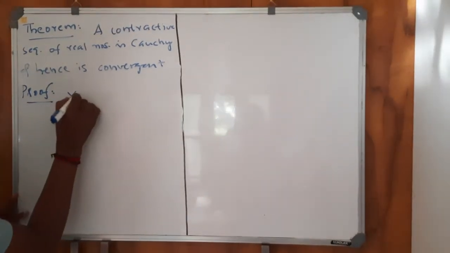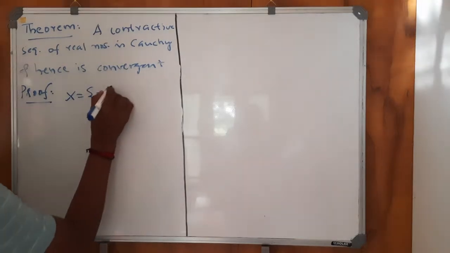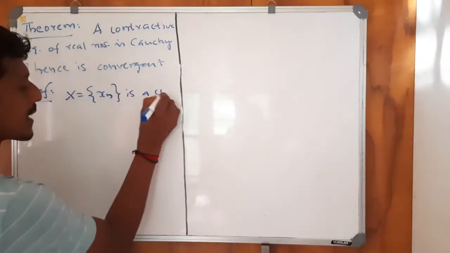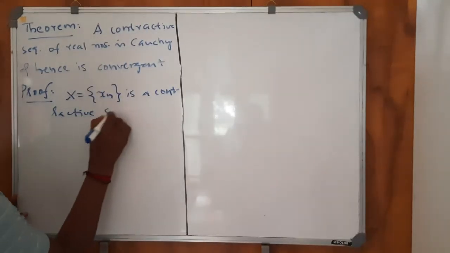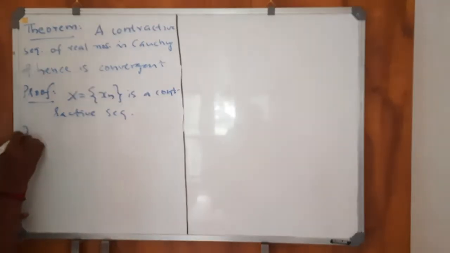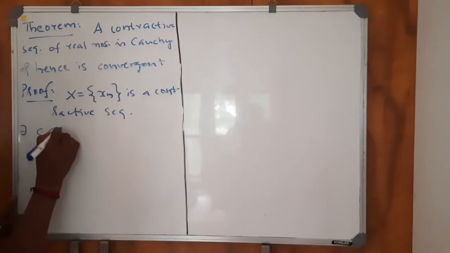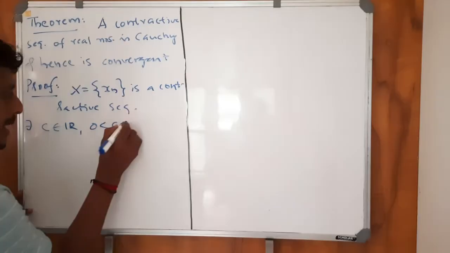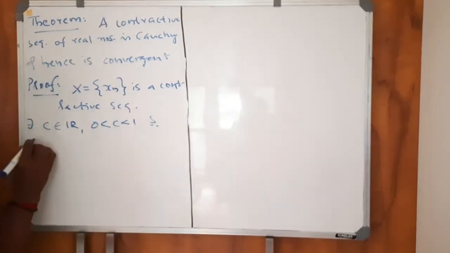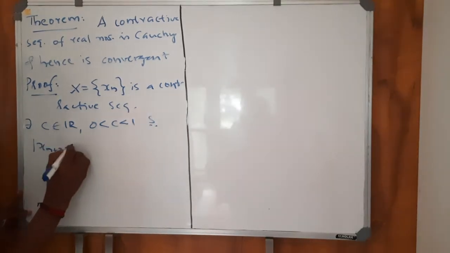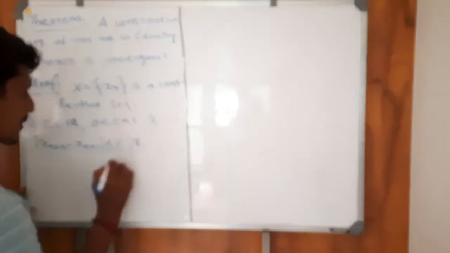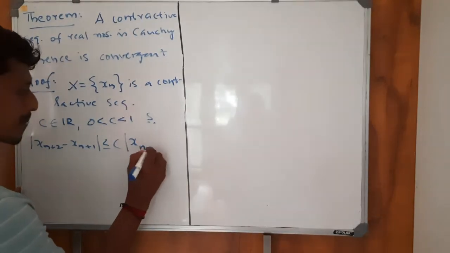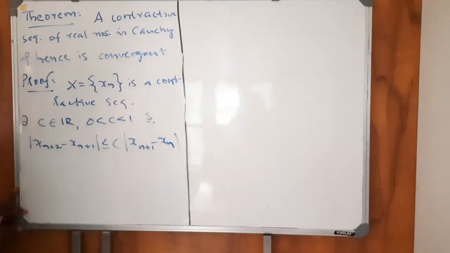Suppose x = (xn) is a contractive sequence. So by definition, there exists a real number c in between 0 and 1 such that |xn+2 - xn+1| ≤ c |xn+1 - xn|.